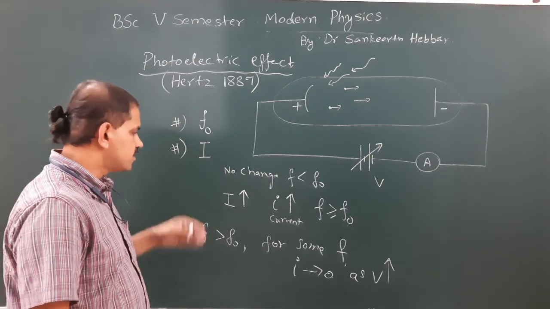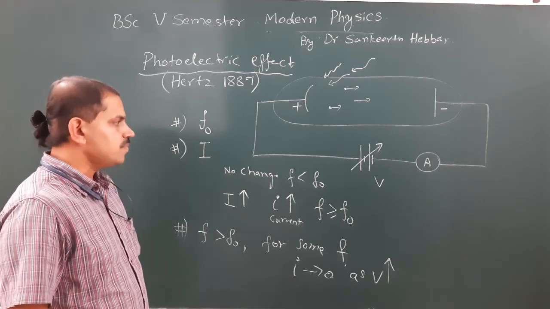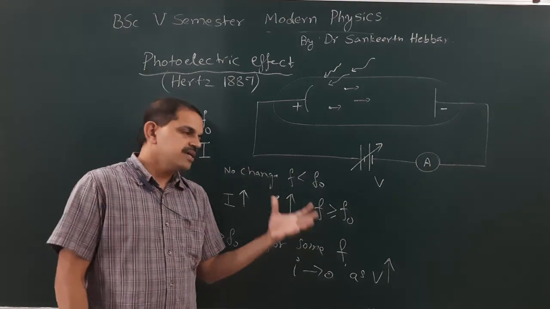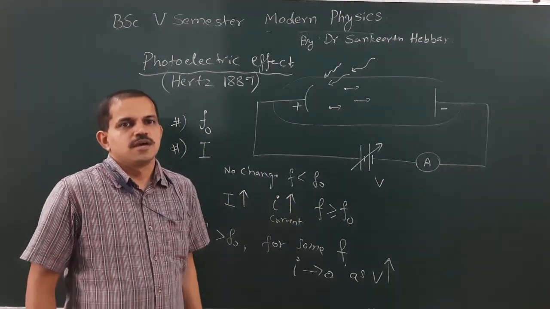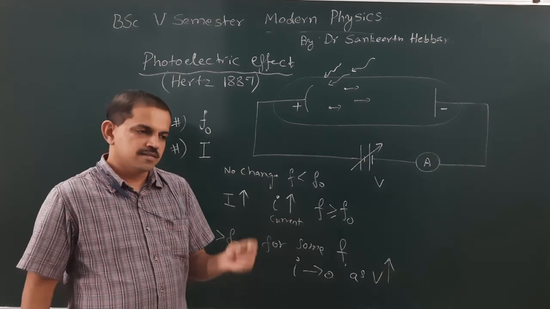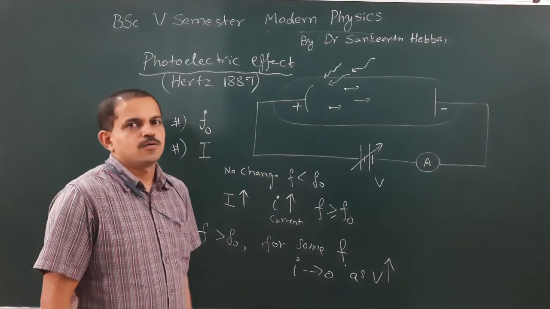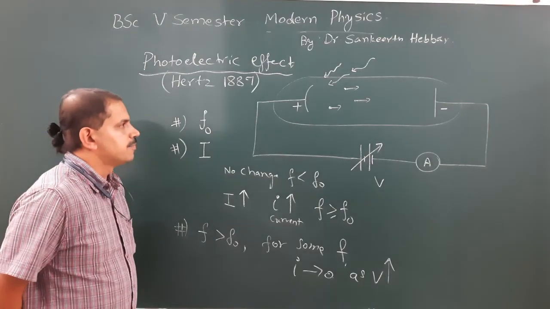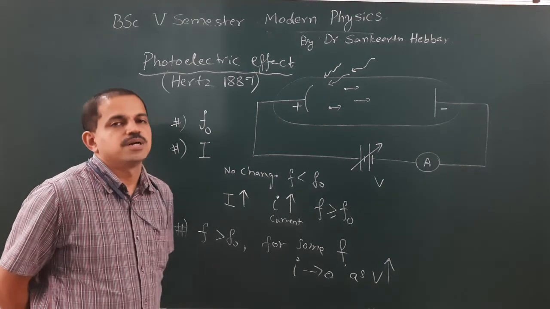So these were the results of this photoelectric effect, and he did not understand that because the basis of this phenomenon lies in the understanding of the material at the microscopic view, which can be done only with quantum hypothesis initially given by Max Planck, but later the photoelectric effect was actually explained by Albert Einstein.